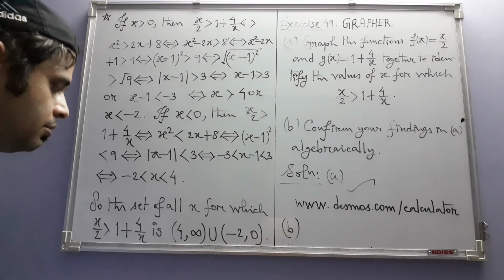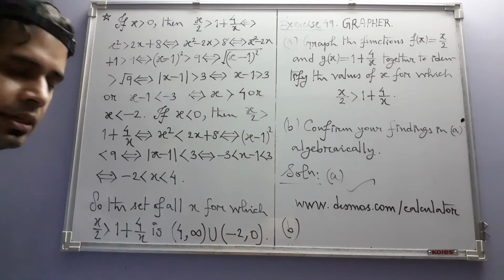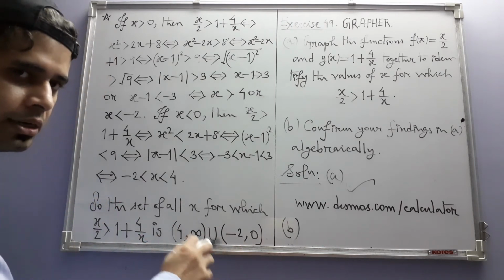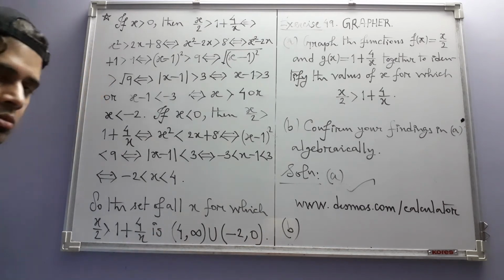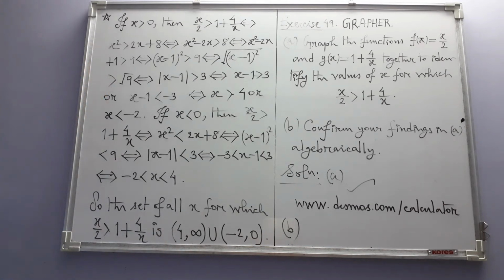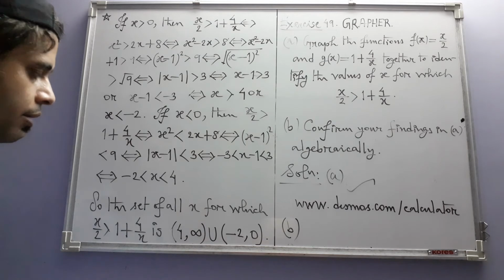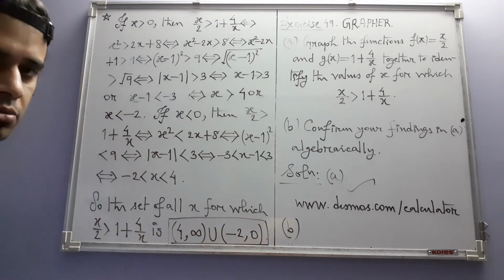Otherwise it will not be true. So that means x either has to be negative, being simultaneously greater than minus 2, or x has to be greater than 4. So let us now verify this by considering some, unless we have made some terrible mistake in this calculation, this is the solution set of this inequality.